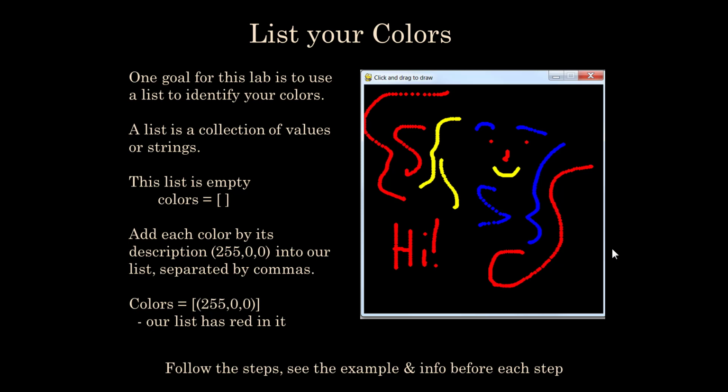And remember, when you add these, the way you define a list is you say the name of the list equals, and then in square brackets, the contents of a list goes inside it. Now remember, whenever we talk about color, we have to use our parentheses. So yours is going to look, notice at the bottom, it says colors equals, and then in square brackets, right, you see the color in parentheses.